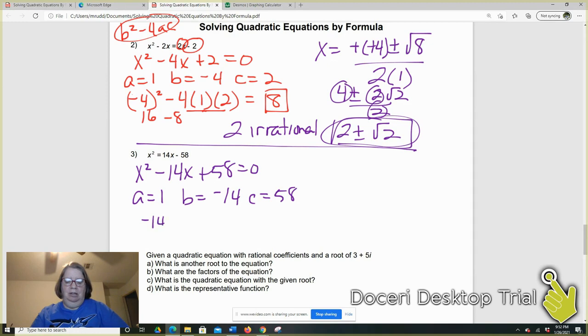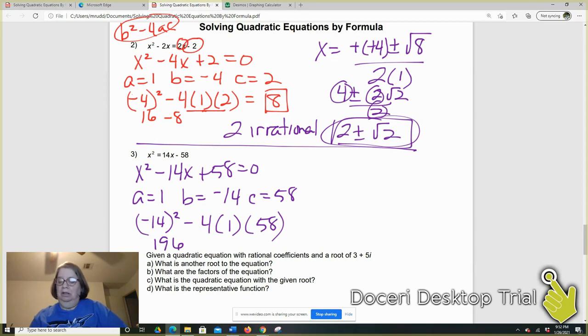Discriminant, B squared minus 4AC. This is 196. 4 times 58. I don't even have Siri to help me out here. 232. It's 196 minus 232, which is negative 36.